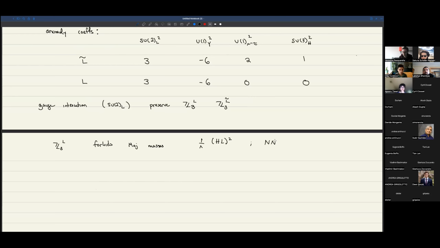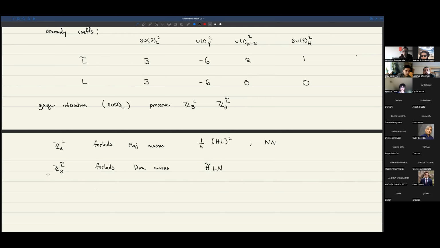These are excluded by a Z3 true lepton number, under which both N and L rotate by a third root of unity. Now there's the other one, the L tilde Z3 that acts only on the standard model fields, and this forbids Dirac masses. So that's not allowed by this Z3 L tilde.